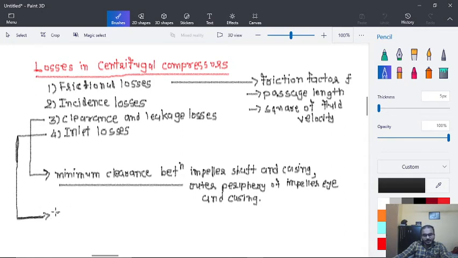The fluid enters axially, and turns radially.